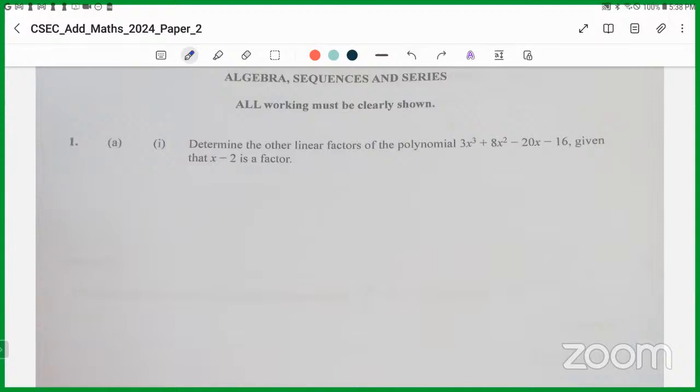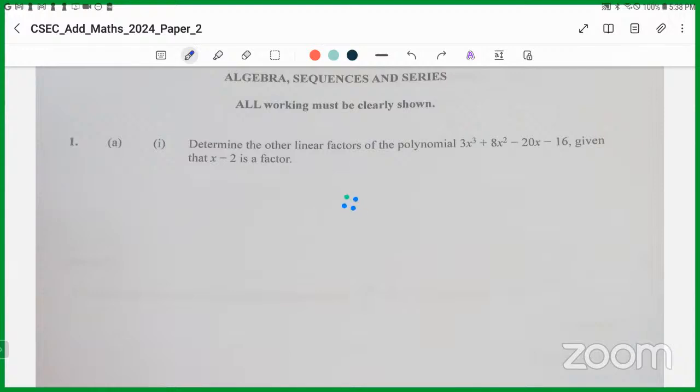All right, so how many more linear factors are you supposed to get? 2 more, because the cubic will have 3 linear factors, or it will have 1 quadratic and a linear.